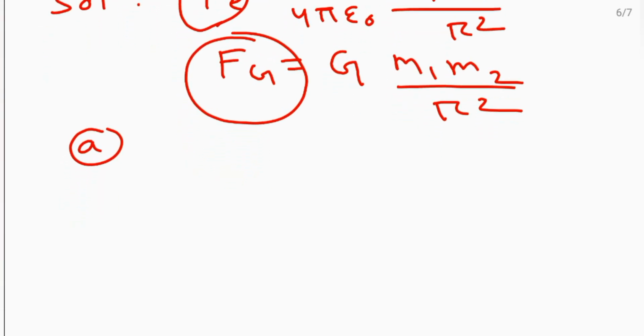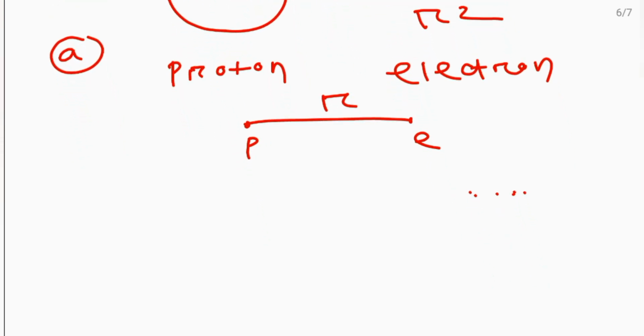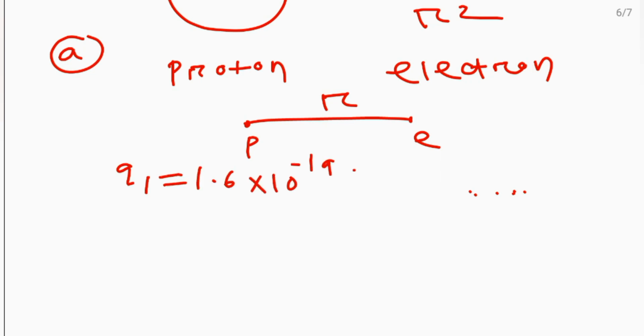So, proton and electron. This is my proton, this is my electron. Let them be separated by a distance r. So we know the mass and charge of proton and electron. The charge of proton is what? 1.6 into 10 to the power minus 19 coulomb.